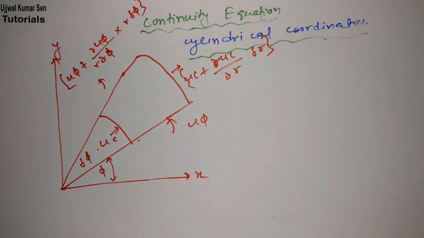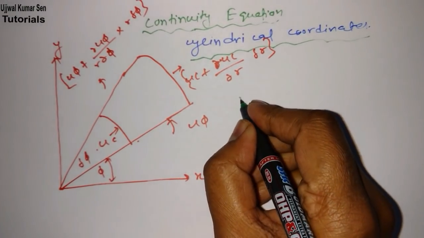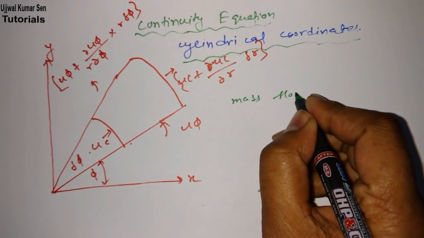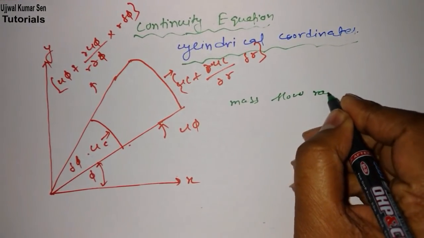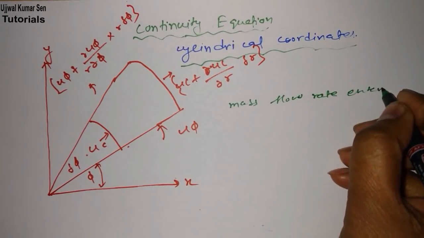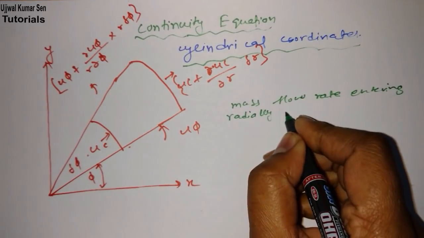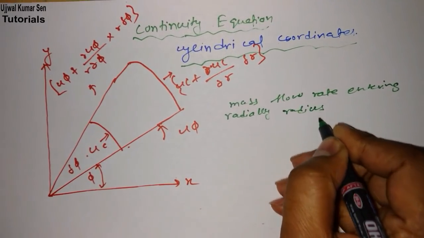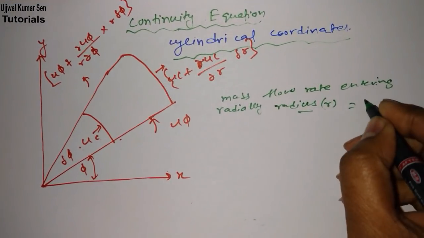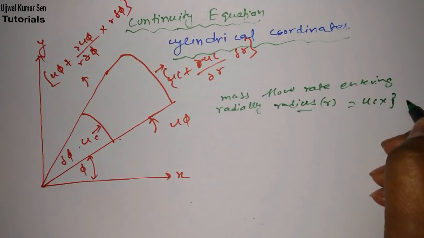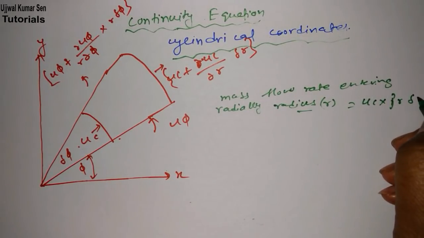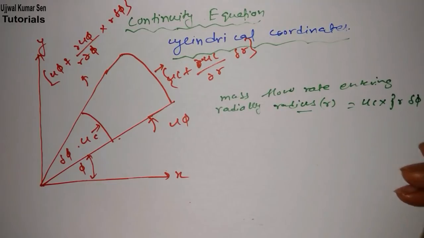So let's get started. Consider the mass flow rate entering radially, and here the radius I am taking as r, equal to u_r ρ r ∂φ ∂z.